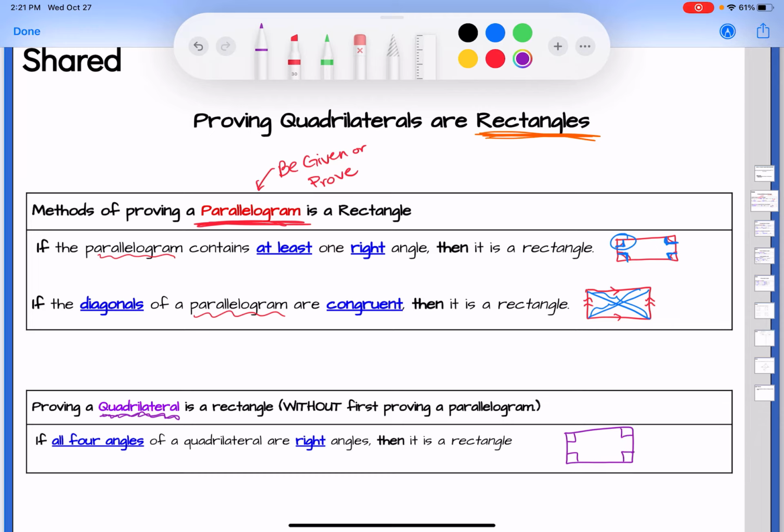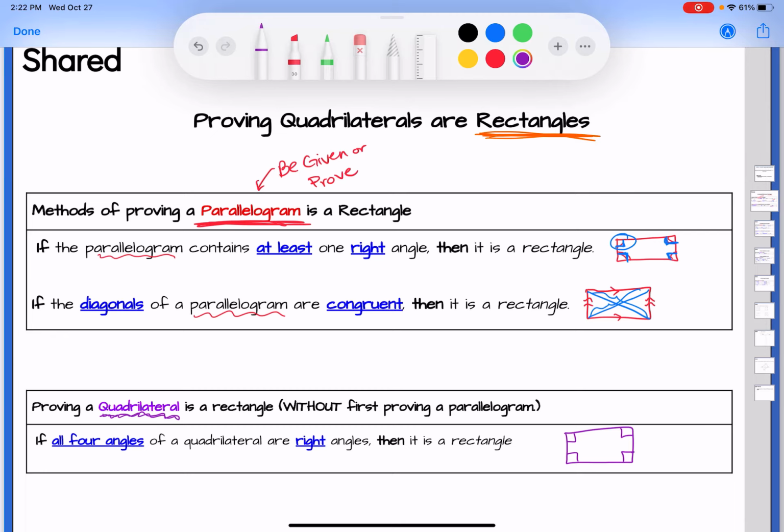Now, you're probably going to say, but Ms. Crivo, it could be a square. True, but a square is a rectangle. It's underneath in that family tree, so it's fine. It is a rectangle, just a more specific kind of rectangle. There aren't any kites or trapezoids that have four right angles. So as soon as I have all four right angles, it's got to be a rectangle.